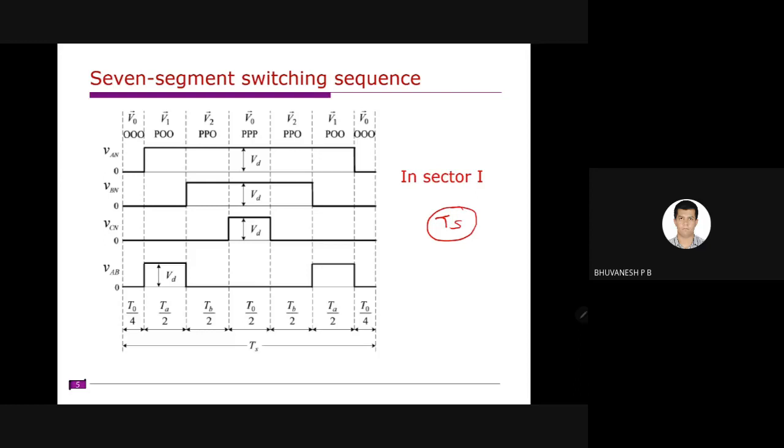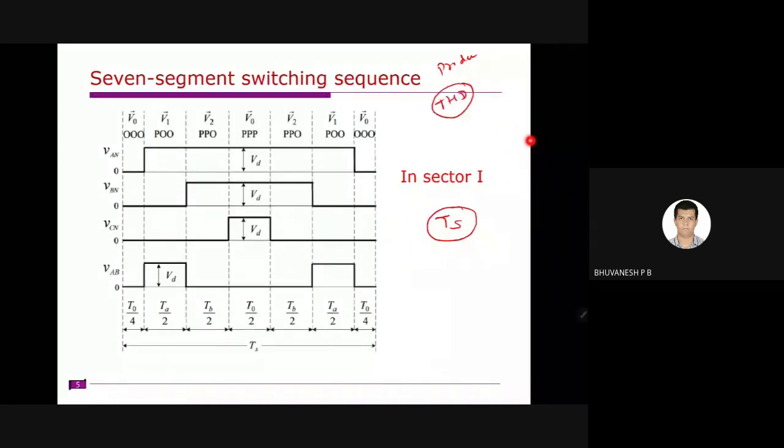Up to this point, the procedure is the same, right? The implementation of space vector, and whatever we have done, the calculation of TA, TB, and T0. After this point, our objective is to produce a controlled three-phase output voltage with reduced harmonics, meaning reduced THD, and reduced switching losses.